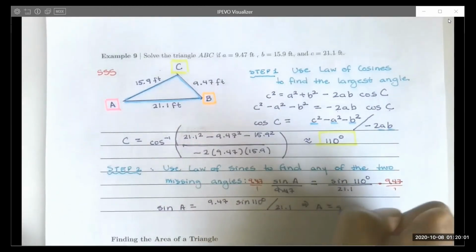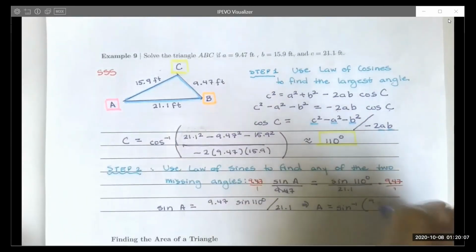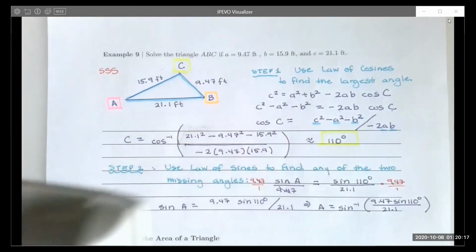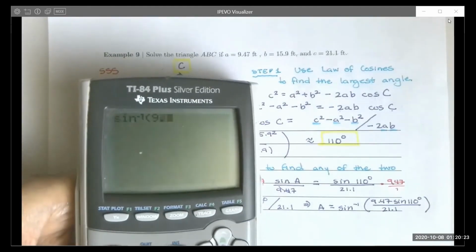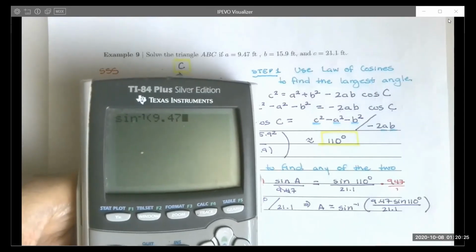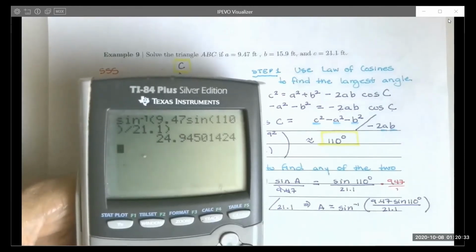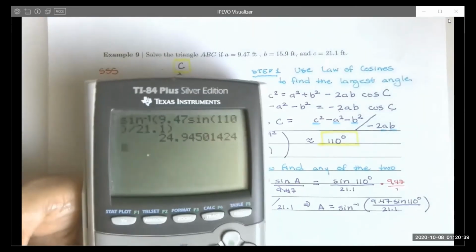So A is going to be sine inverse of this information here. So now we punch it in. Sine inverse of 9.47 times sine of 110 degrees divided by 21.1. We get approximately 25 degrees.